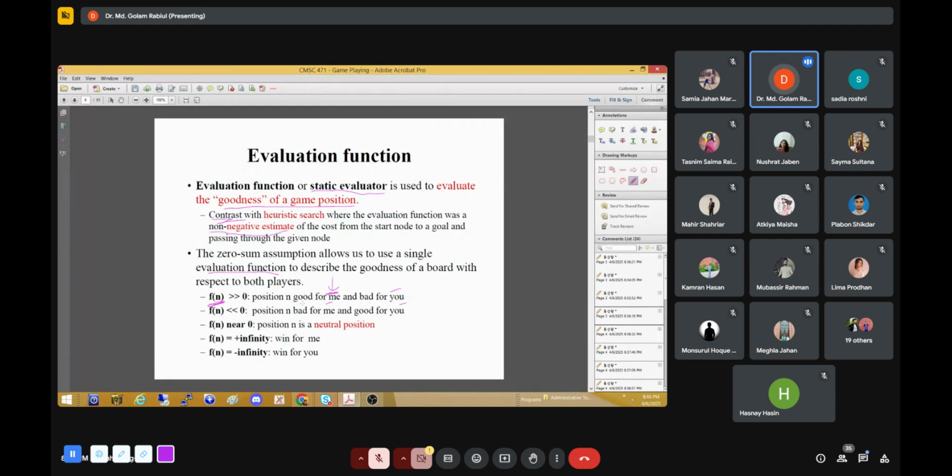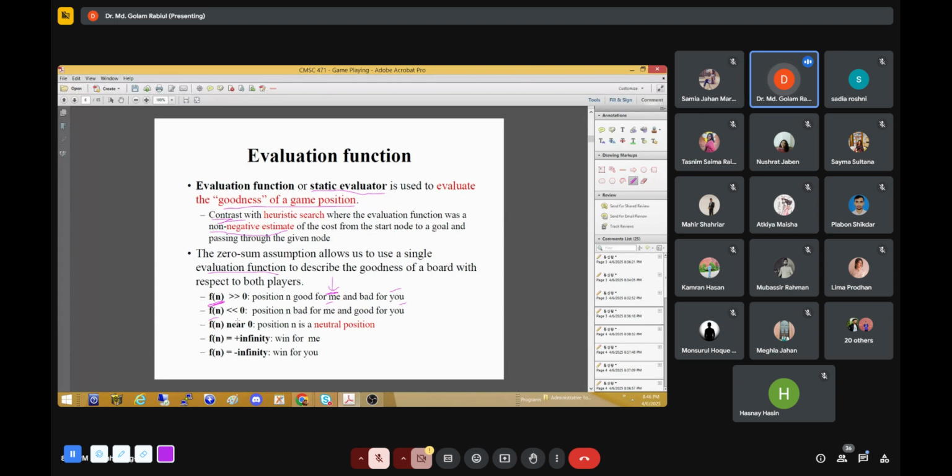But if f of n is less than 0 or very much less than 0, or we can say it's a negative number, a large negative number, it means the position n is bad for me and good for the opponent. Okay, and if f of n is near 0 or maybe 0, it means it's kind of a neutral position.